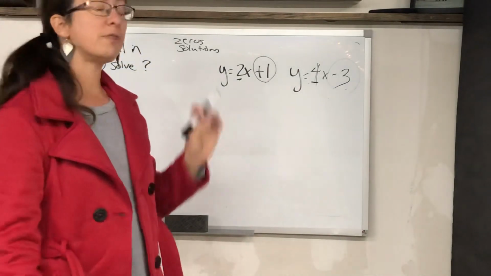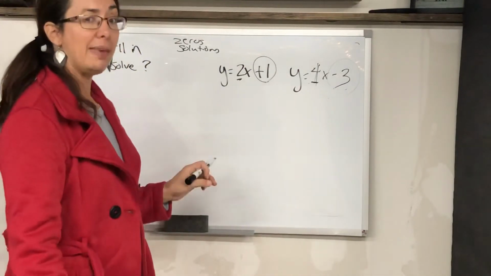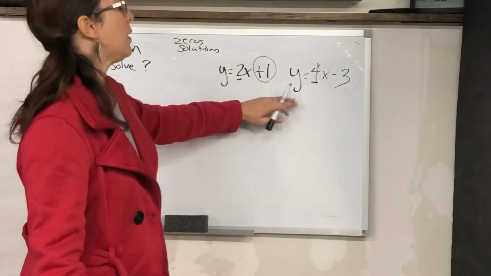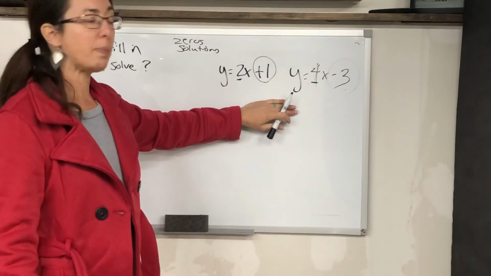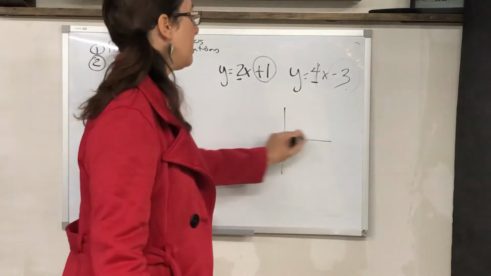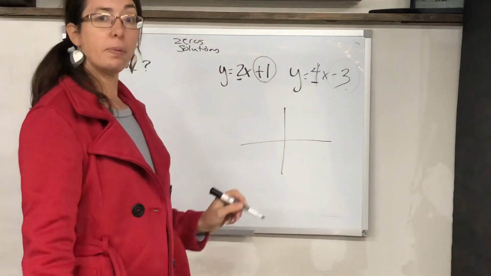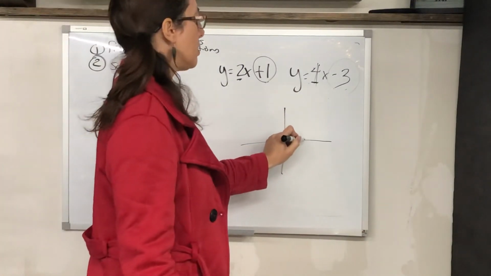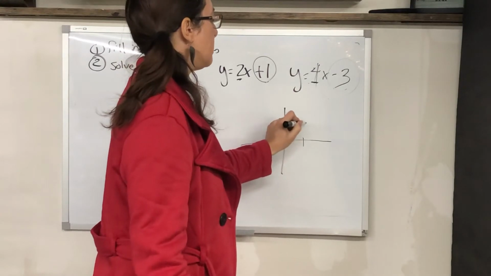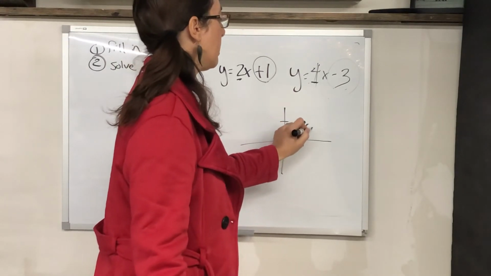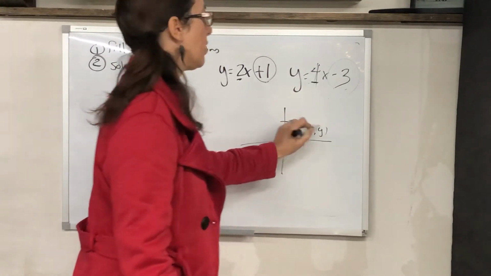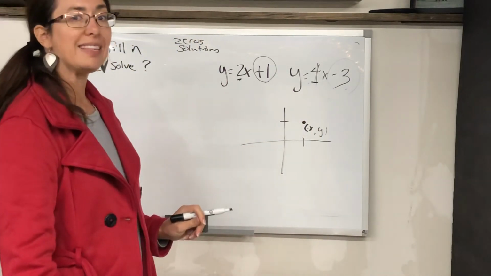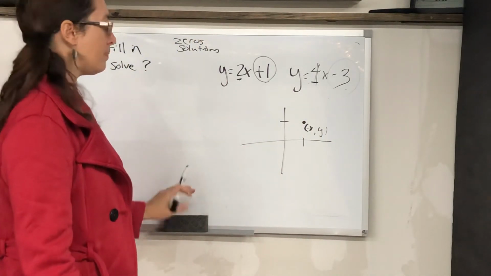To find out the point where they meet, we set them equal to each other because it's the place where they end up at the same place. If both lines cross at this coordinate, x and y, then their x and y coordinates are going to be exactly the same.